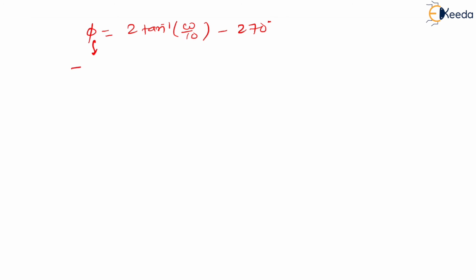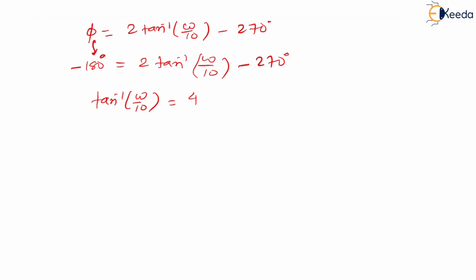If I put phi as -180 degrees, -180 degrees is equal to 2 times tan inverse of omega by 10 minus 270 degrees. So tan inverse of omega by 10 is equal to 45 degrees. So omega by 10 is equal to 1.